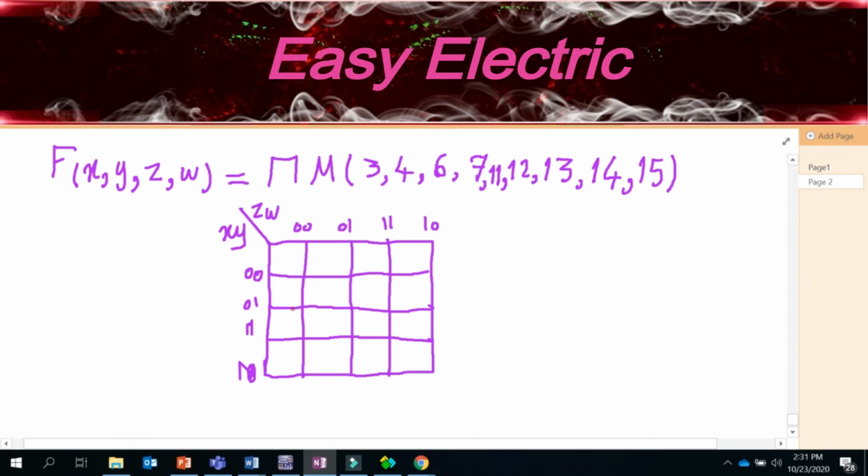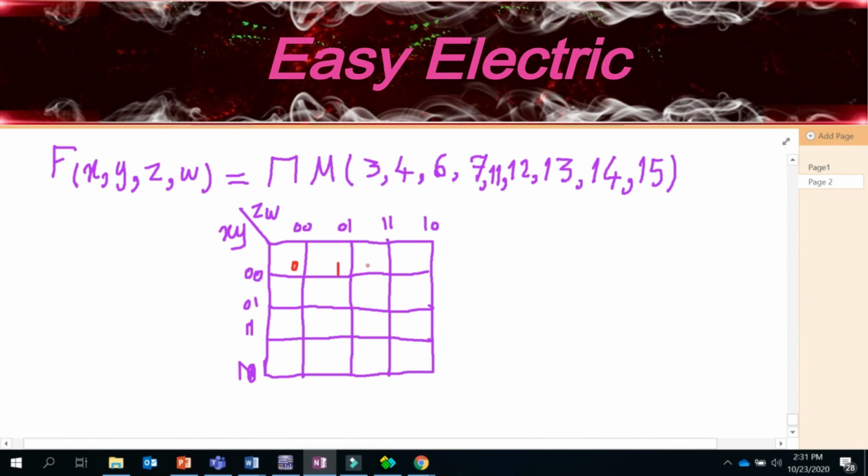So for the numbers of each term, just be careful. Here each square is a term. The first square, xy is 0 0, zw is 0 0, should be term number 0. The next, xy is 0 0, z is 0, w is 1, should be term 1.